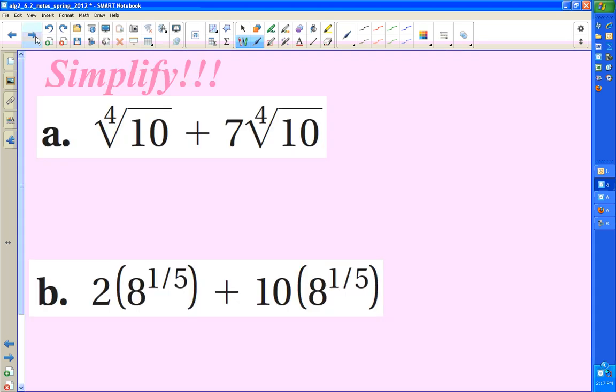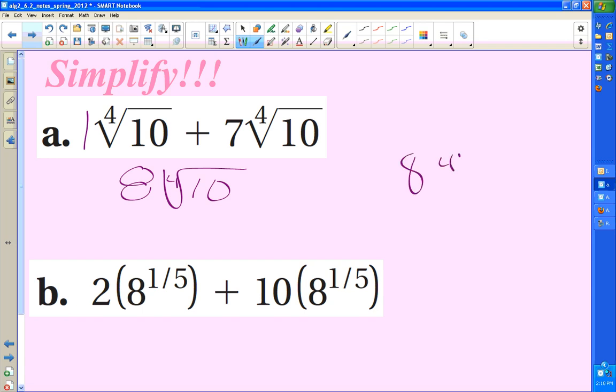So are these like terms? Yeah. Fourth root of 10 and more fourth roots of 10. How many do we have here? 1. 1. When you combine them, 8 fourth roots of 10. Make sure that that 4 is in the V. I have had students in the past that are floaters.